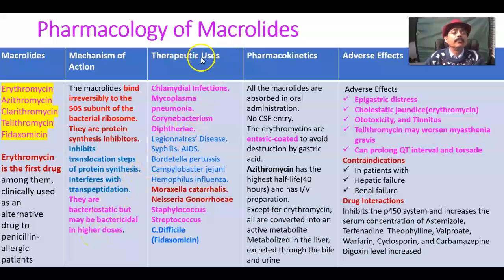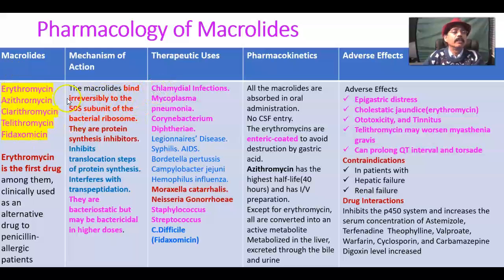The therapeutic uses vary among the macrolides. Erythromycin has a spectrum less than that of azithromycin. Fidaxomicin's spectrum is even less and it is specific. So it depends on the type of macrolide.